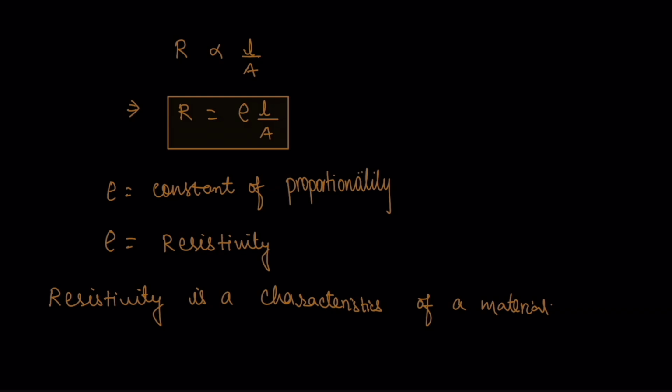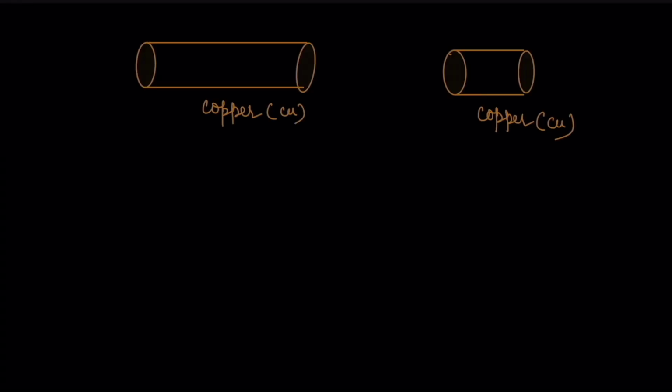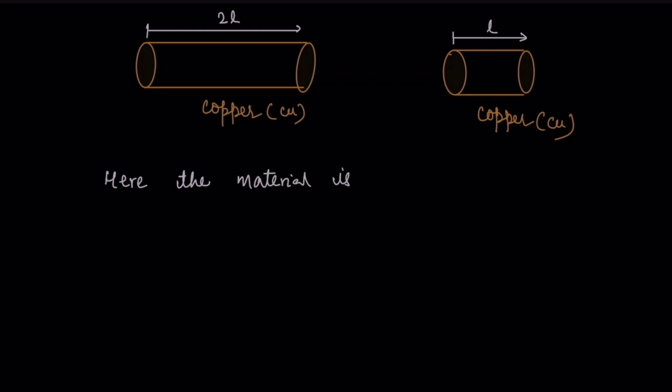It means that if you are using the same material, here we are using copper, both are copper, but the length is different, this is L and this is L. The material is the same, so the resistivity will be the same.